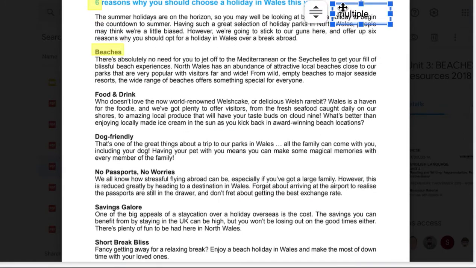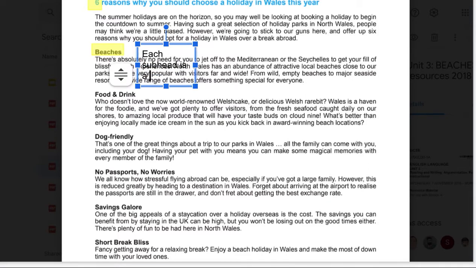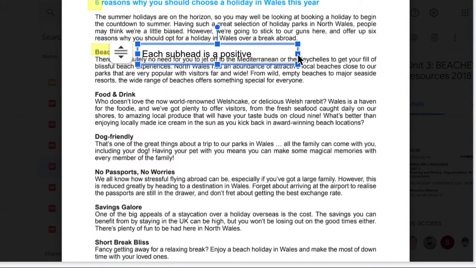What we've got are subheadings, which are positive aspects. So there's something there about layout. I'm going to want to talk about that in my answer.